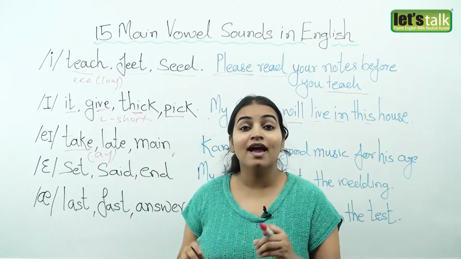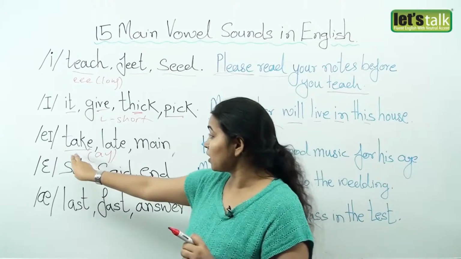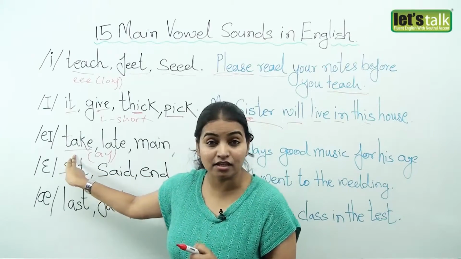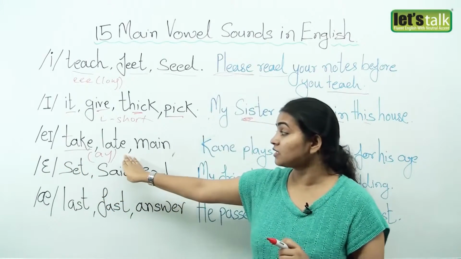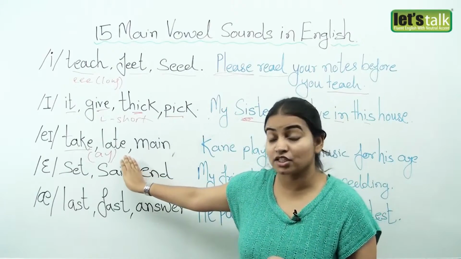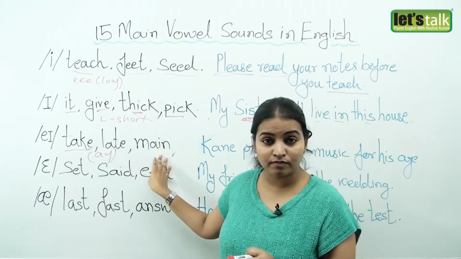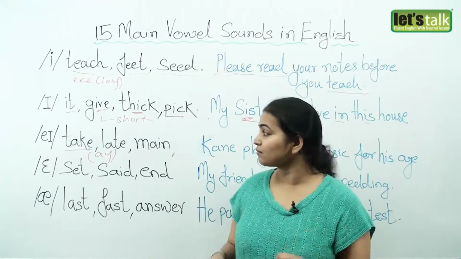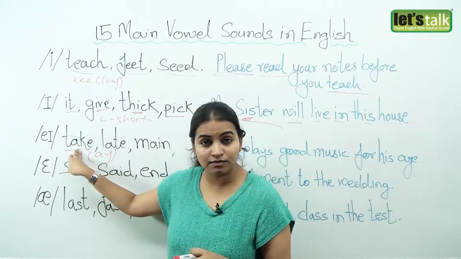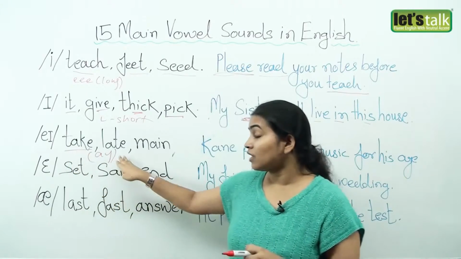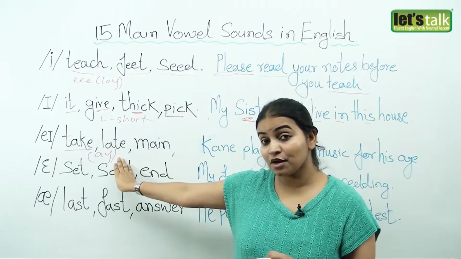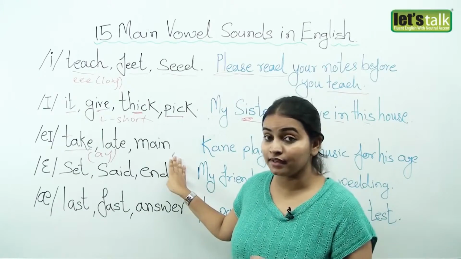Okay, so let's do A. So the first word is take. The second word is late. The third word is main. Can we do the A sound again? Take. The A sound. Late. The A sound again, and main.